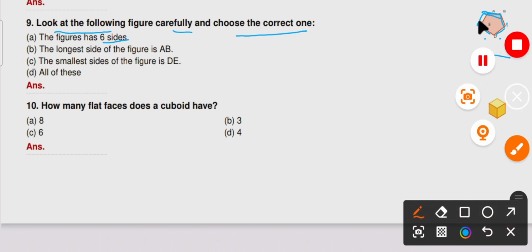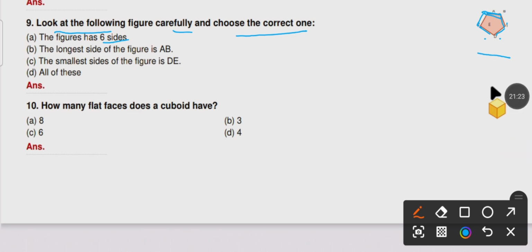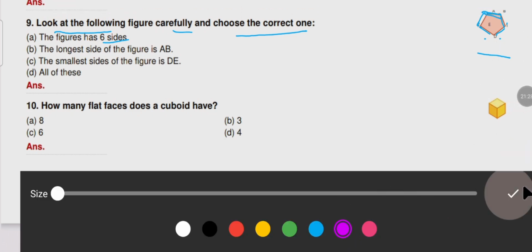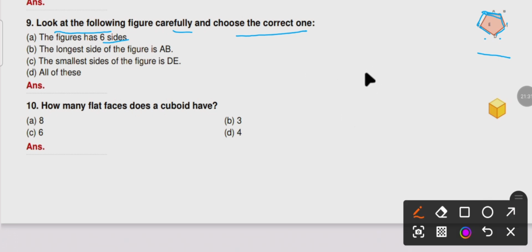Let me check. This figure is wrong. Let me draw. My drawing is not good, but still let me show.